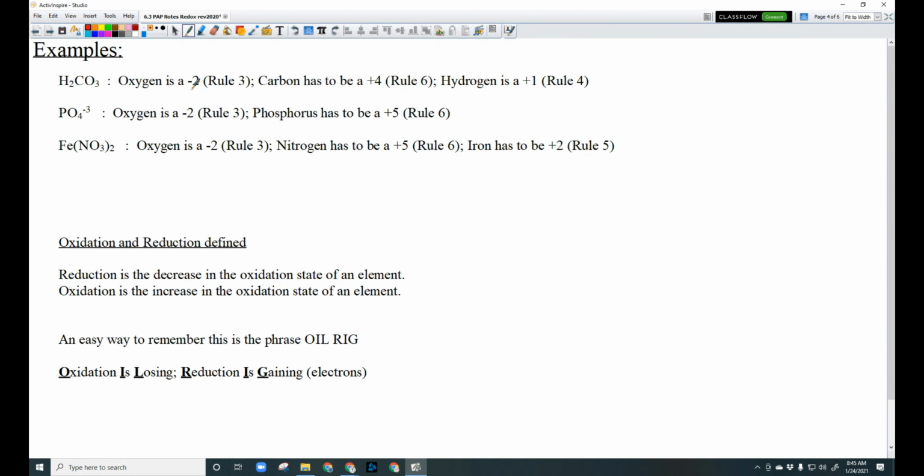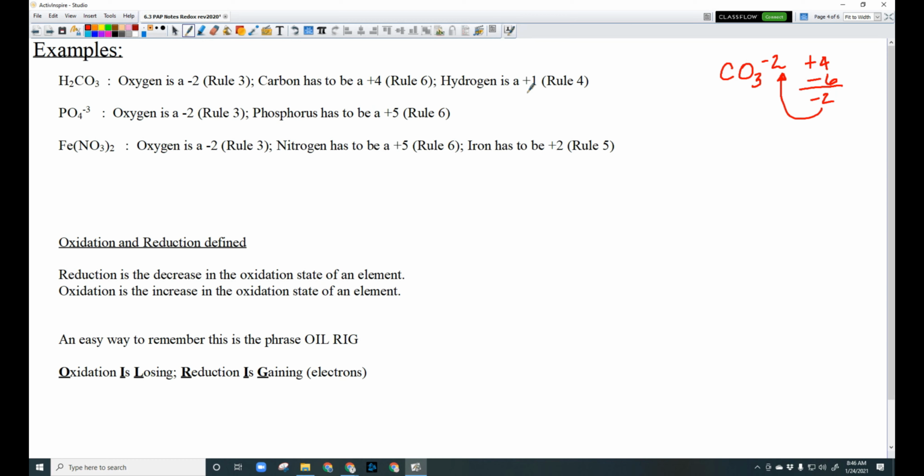So whatever carbon is, we have to have a -2 left over. So what can we add to this +6 to leave a -2? Okay, so that's going to be a +4 because +4 -6 is a -2. So this has to match our charge of our polyatomic ion. So that means that carbon here is a +4. Okay, and that's rule number 6.